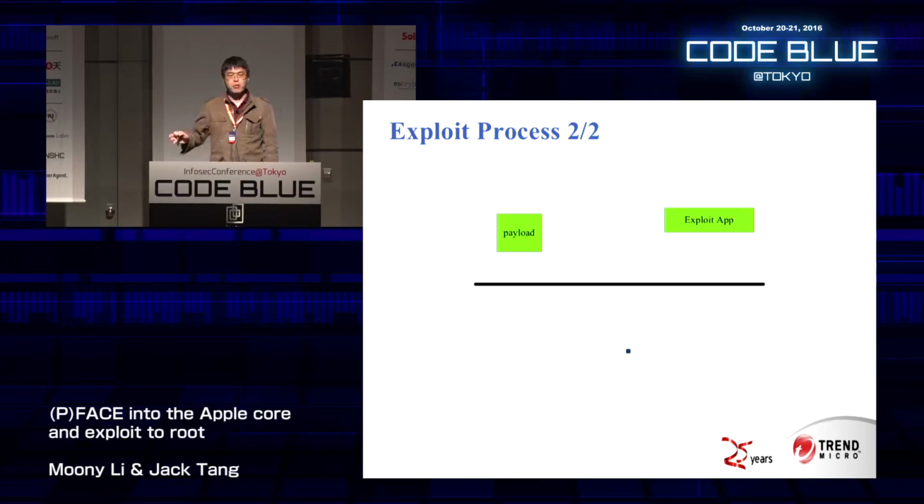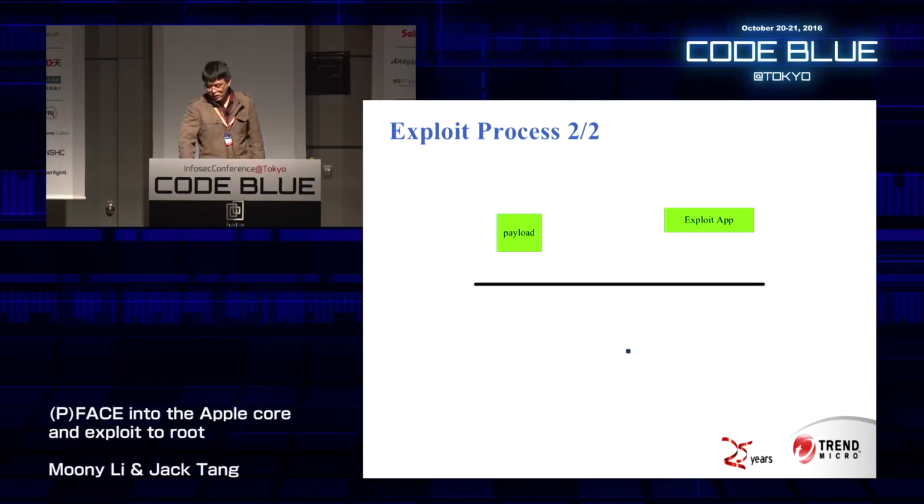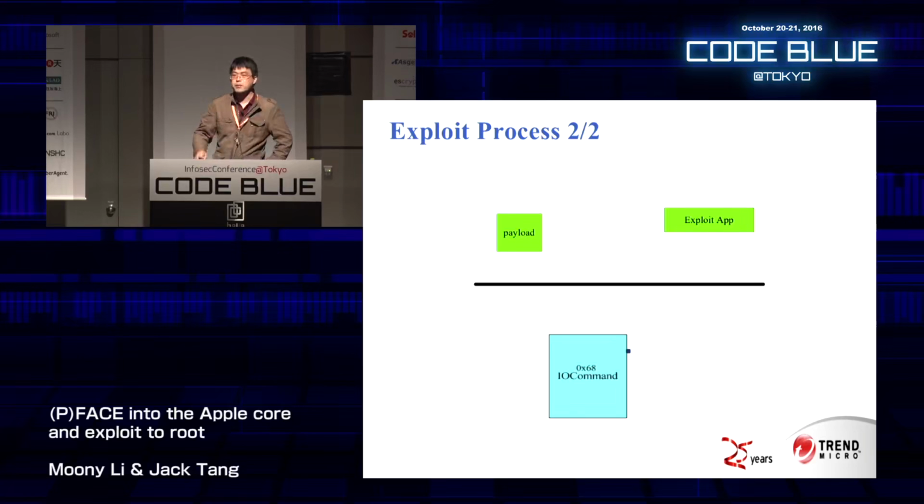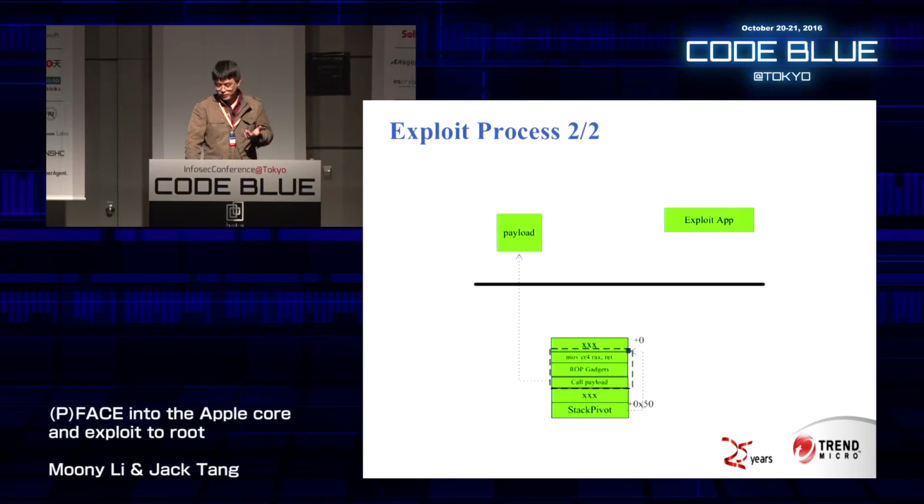First, we will build up our payload in the user mode, which will use the leaked address of KASLR. And then we would normally allocate an IO command buffer in the kernel mode. And we use vulnerability 2 to leak the heap address of this object.